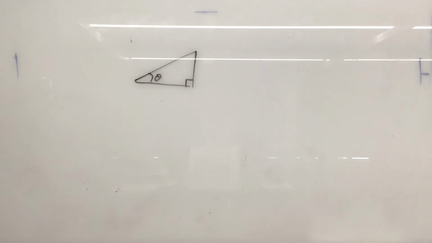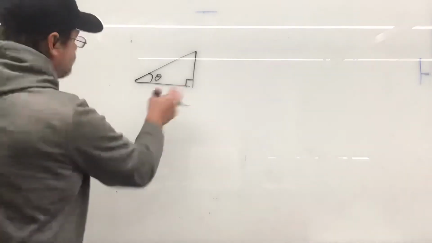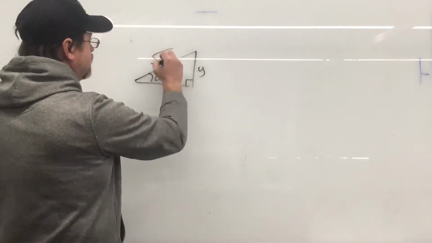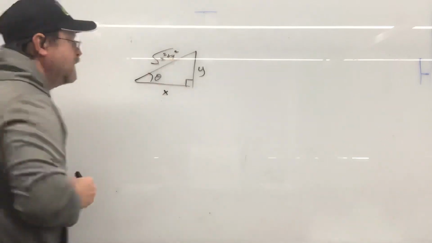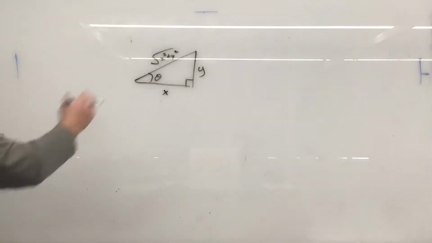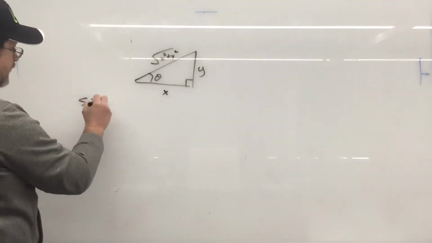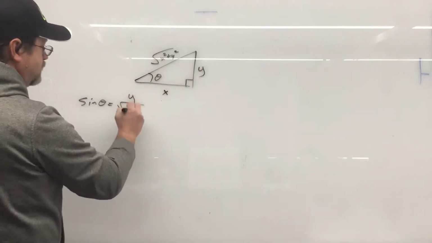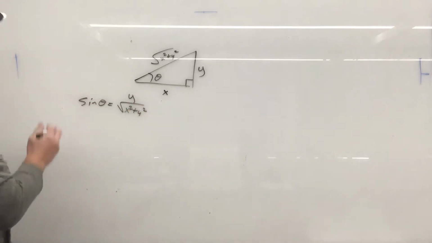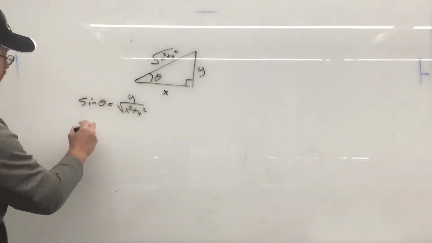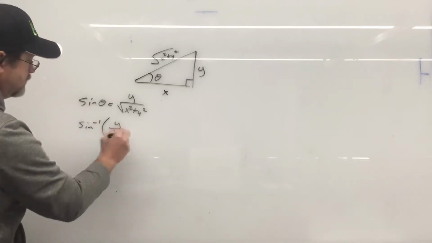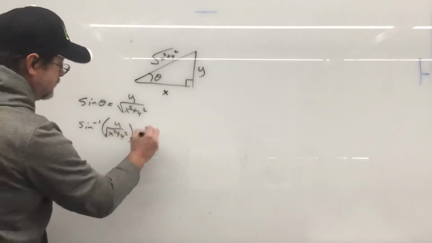So if we're able to write down what these various sides are, then that means we could also talk about the fact that the sine of angle theta is this over this. But we could also talk about the inverse sine of this is theta.